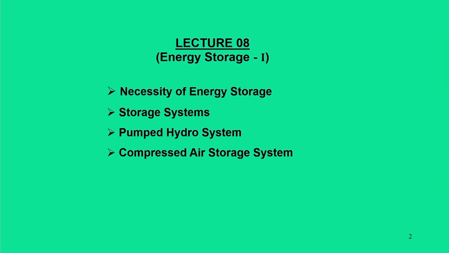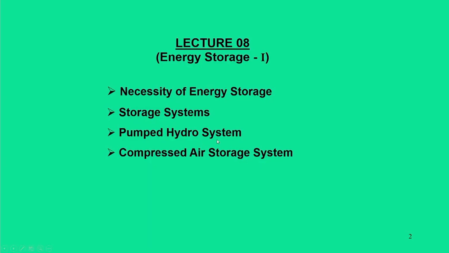In this module with lecture number 8, our main focus would be energy storage. In this lecture, which is part 1 of this module, we will talk about the two basic units of energy storage systems, that is pumped hydro storage systems and compressed air storage systems.